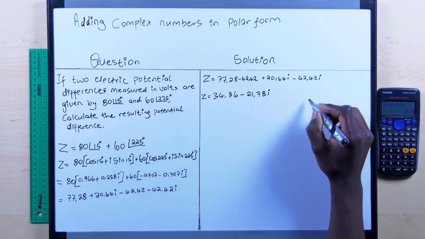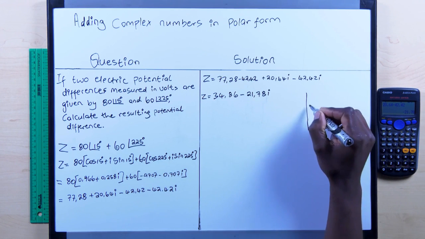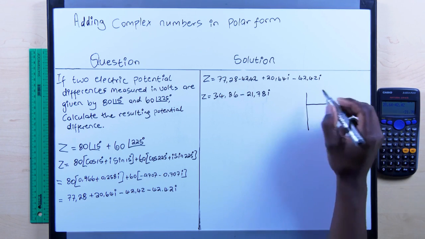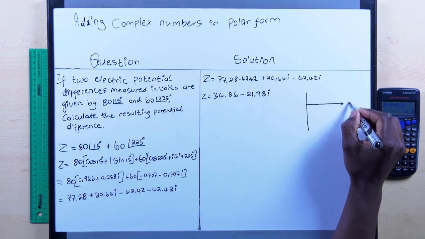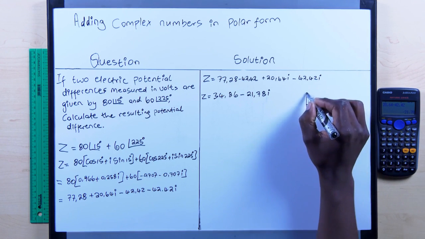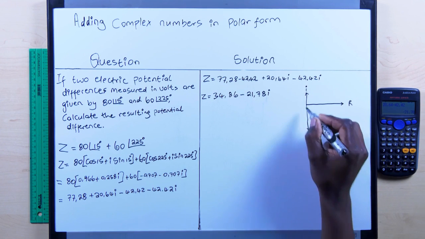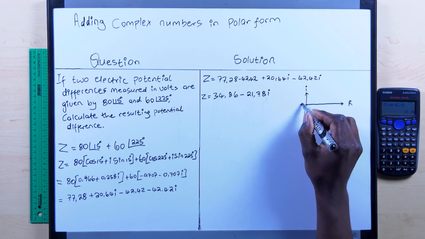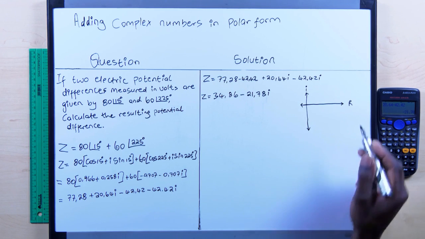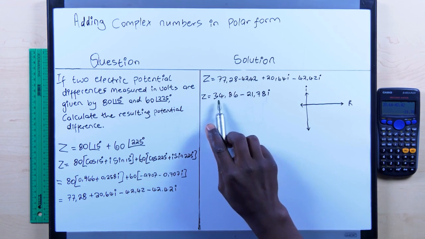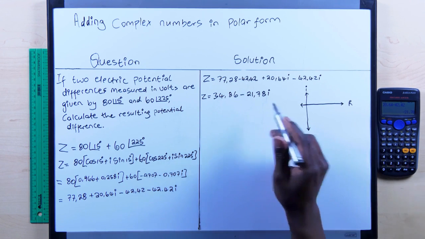Let us just demonstrate with a rough sketch what this means. So these are your real axes, these are your imaginary axes. Let's quickly set this. So which means that for your real axis, you're going to have 34.86.